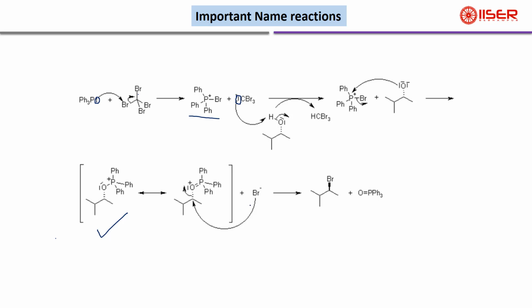After that, when the nucleophile attacks this center, this species gets eliminated, and we get our substituted product. The driving force of the reaction is the formation of the oxygen-phosphorus bond, because it is one of the strongest bonds in nature.